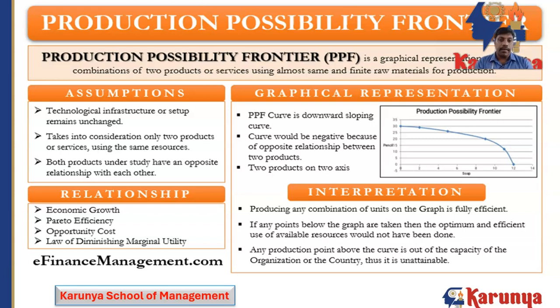And for the graphical representation, you can see the graph. Along the x-axis, we are studying the manufacturing of soap. Along the y-axis, we are studying the manufacturing of pencils. Look at the maximum level of pencils manufactured, 35. The maximum level of soap manufactured is 14. When we produce 35 pencils, all the resources are employed to produce pencils, so we will be unable to produce soap. That results in the zero level.